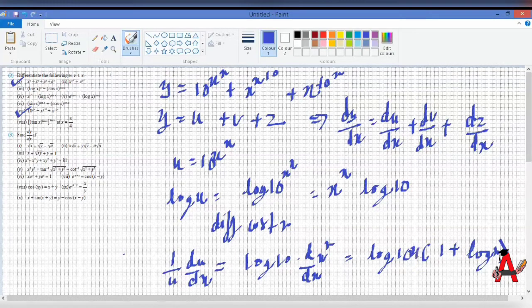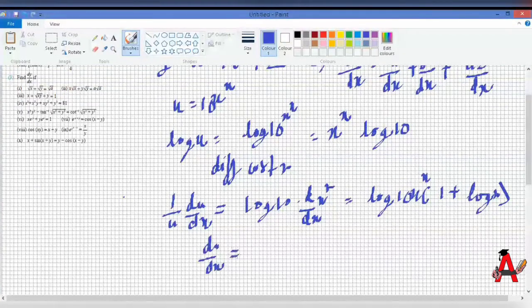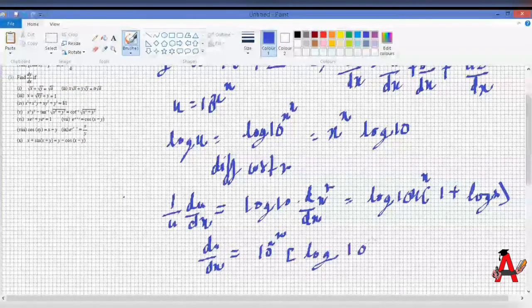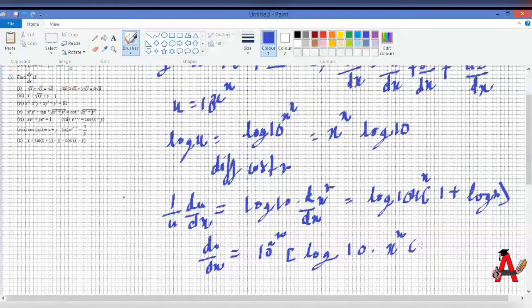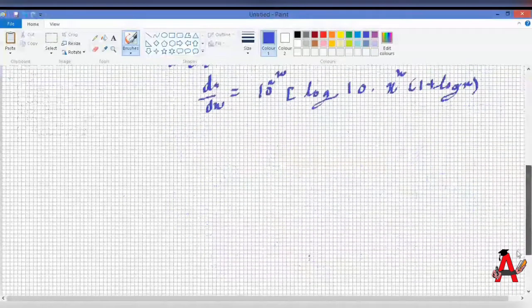This is how we did the answer of this in the previous question. Therefore, du by dx will be equal to, this u will go to that side, which is 10 raised to x into log of 10 into x raised to x into 1 plus log x. This is the first part, that is du by dx. Similarly, you have to do the remaining part as well.